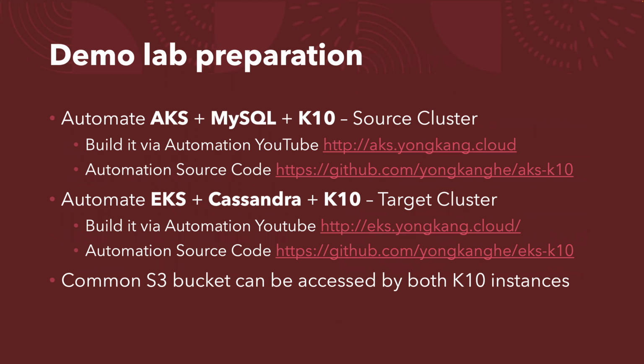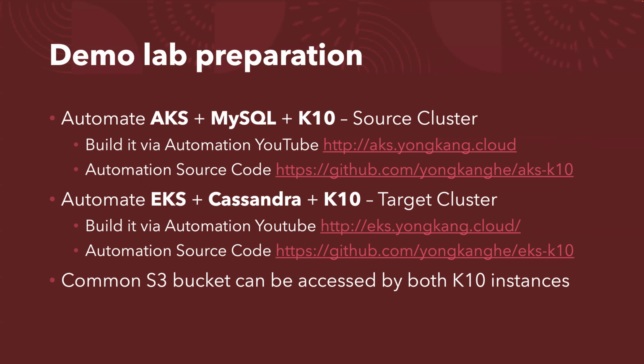So let's set up the demo lab first. I love automation, so I'm going to use my automation to create an AKS cluster plus MySQL, plus Kasten K10 pre-installed, including the backup policy, everything ready in just about 8 minutes.